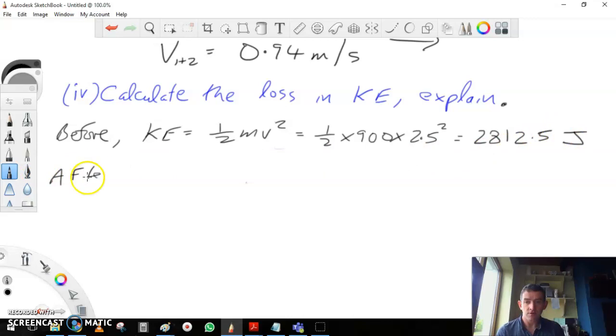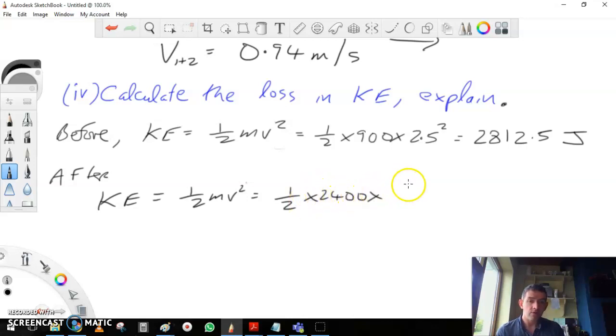After the collision, the kinetic energy still equals a half mv squared, but this time the mass is 2400, and we worked out our velocity at 0.94, and we're squaring that. We put that into the calculator: 1/2 of 2400 gives me 1200 multiplied by 0.94 squared, and I get 1060.32 joules.